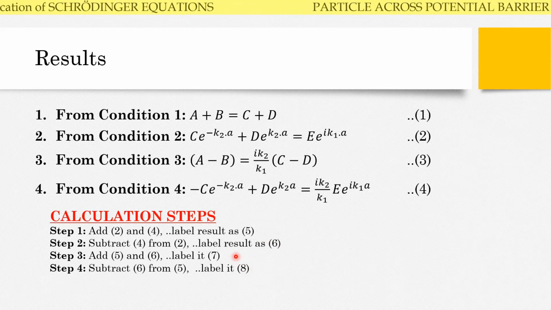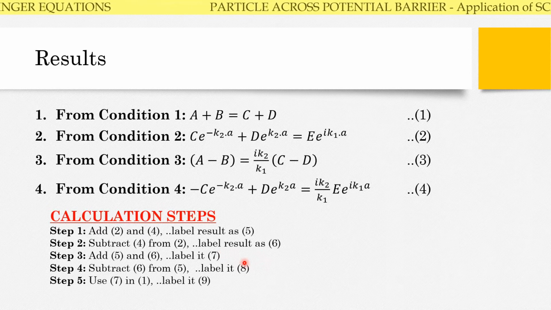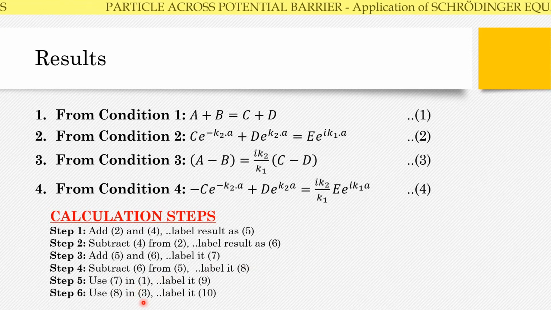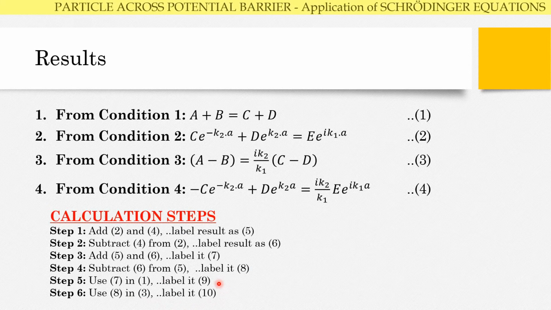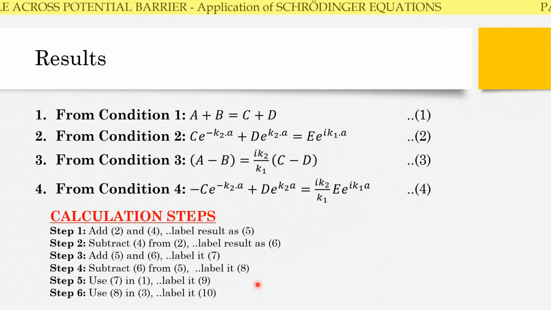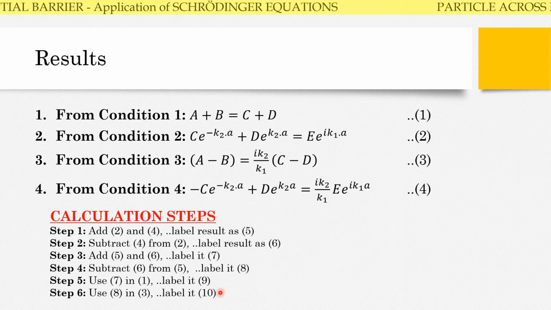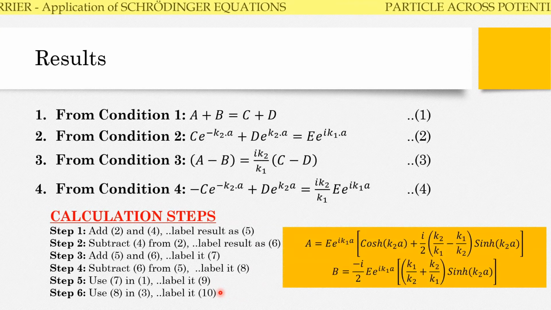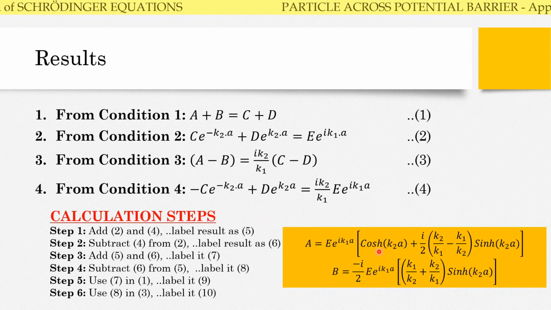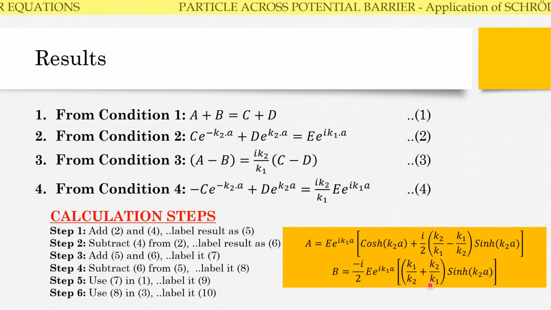Now make use of the values of 7 and 8 in equation 1 and 3, 7 in 1 and 8 in 3, and label it as equation number 9 and 10. By following these steps, you will finally get equation number 9 and equation number 10. What are these both equations? This is equation number 9 as A equal to this much amount and equation number 10 as B equal to this much amount.